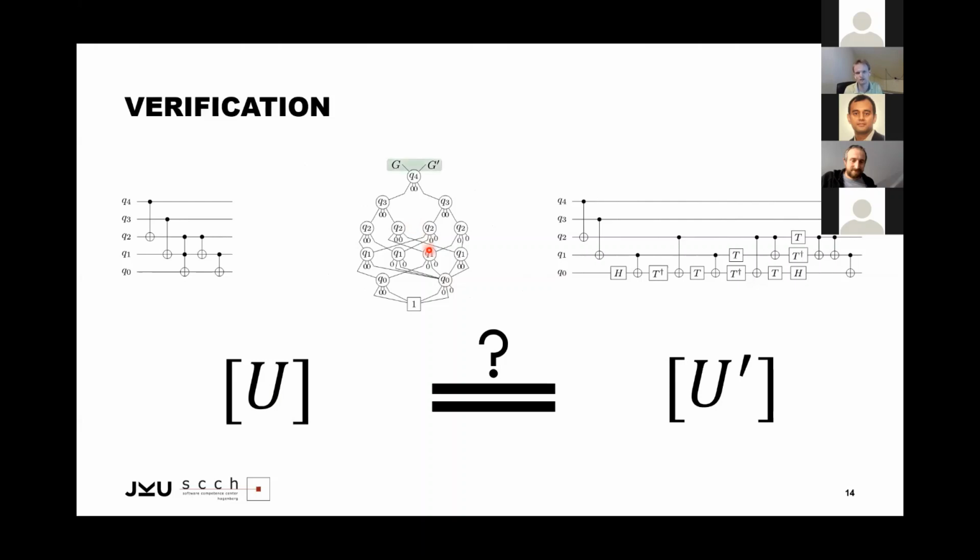All you have to check is whether or not your pointers referring to the corresponding representation for this circuit and that circuit point to the same root node, and then you have proven that both circuits are equivalent. However, all that of course only works nicely if the decision diagram is also compact.